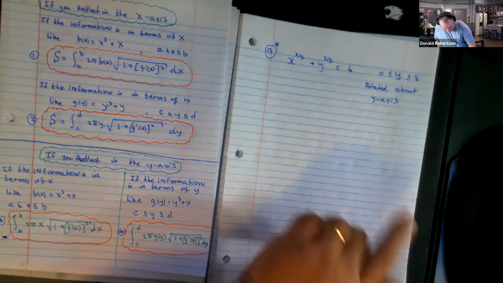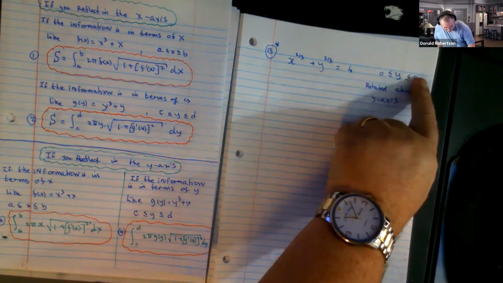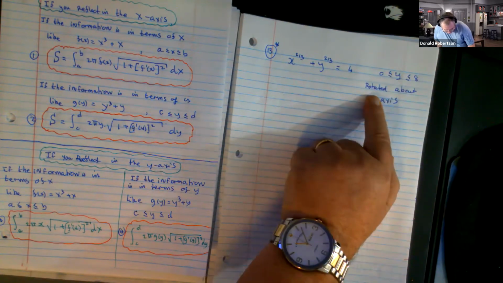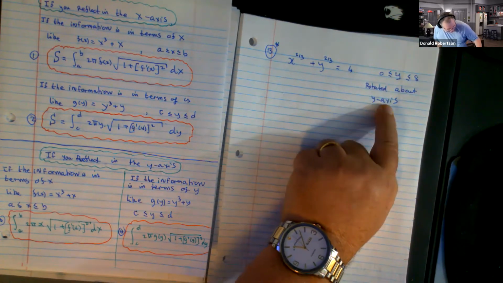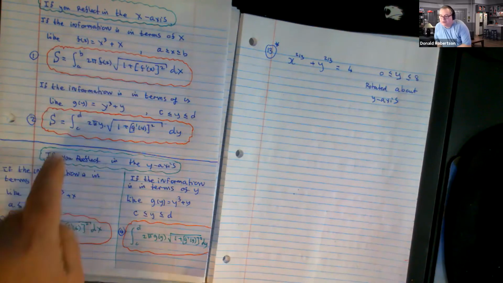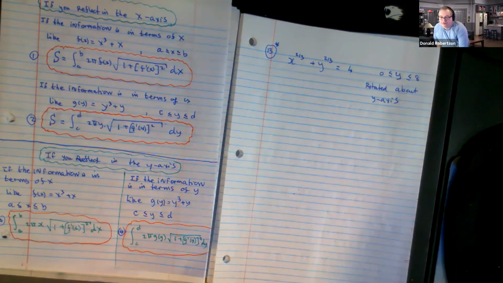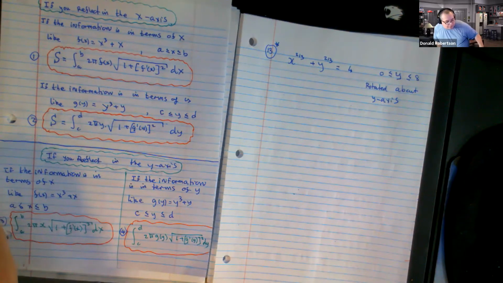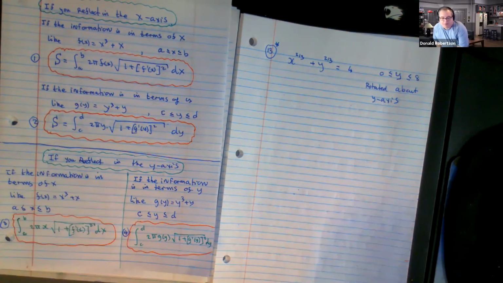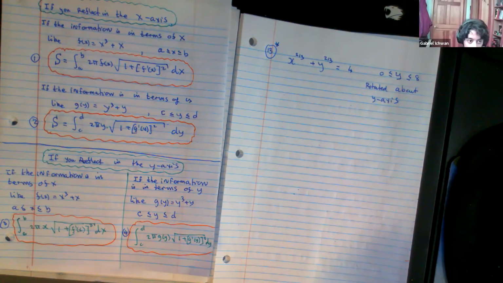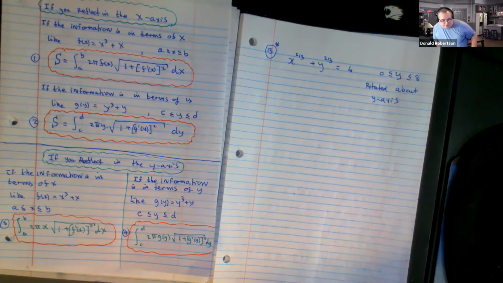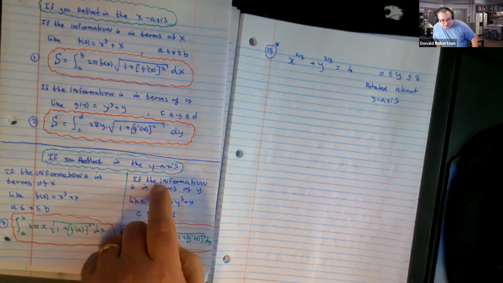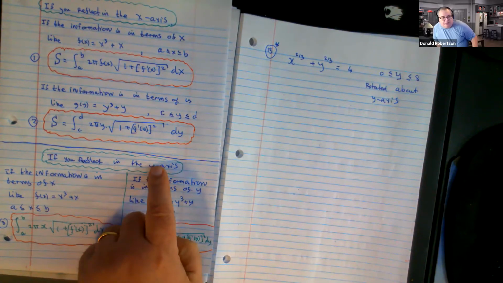So here's an equation. Here's y going from 0 to 8, and you're told it's rotated about the y-axis. Which one of these 4 is the one that you use in that story? I wouldn't use the 4th one. And the reason you chose that, I'm assuming, is because it's rotated about the y-axis, right? Yeah.